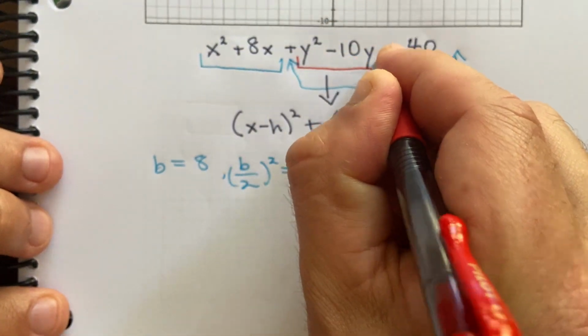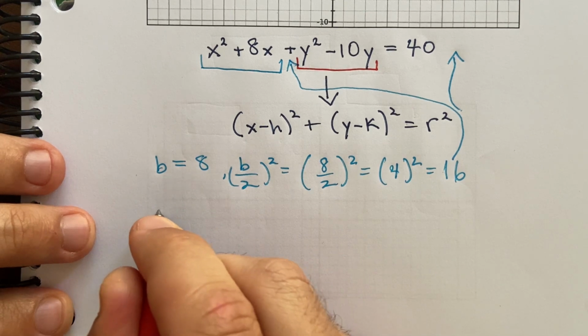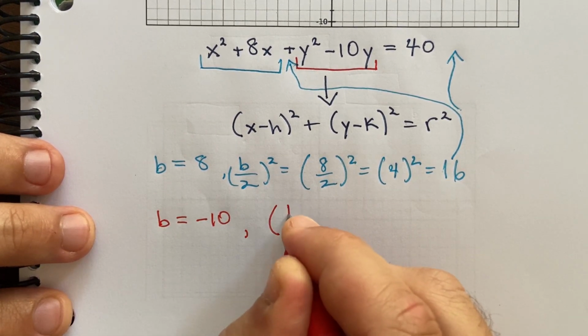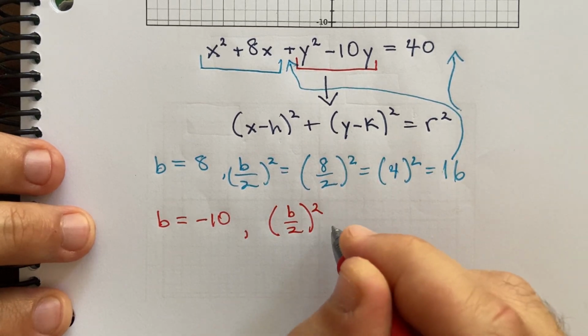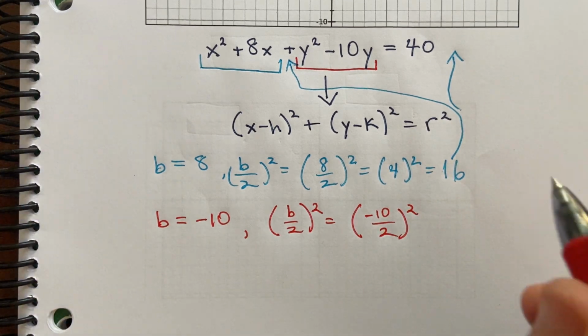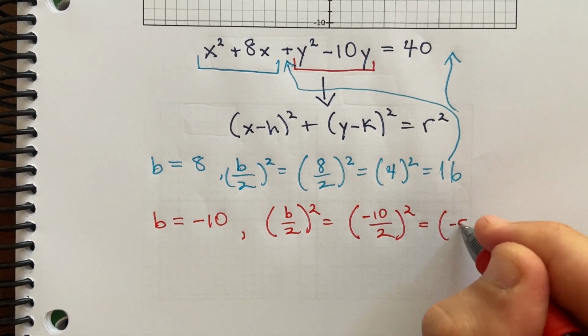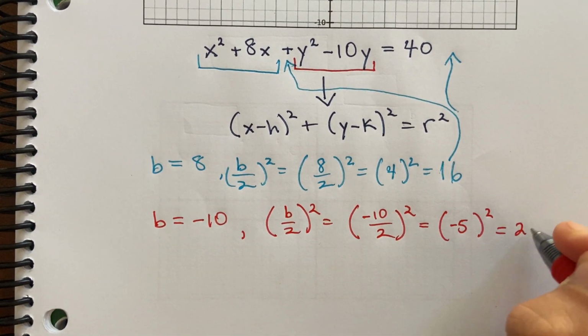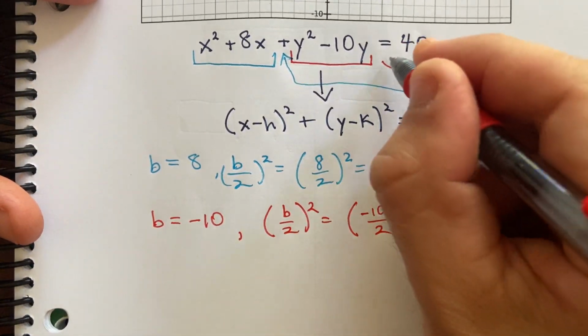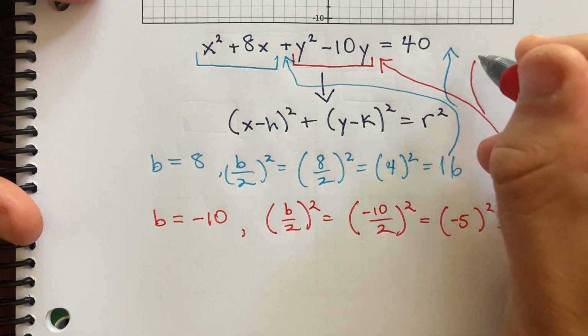For this part, I have b as negative 10. So half of b squared equals negative 10 over 2, and then I need to square. So negative 5 squared is positive 25. So I'll add that number there and also over here.